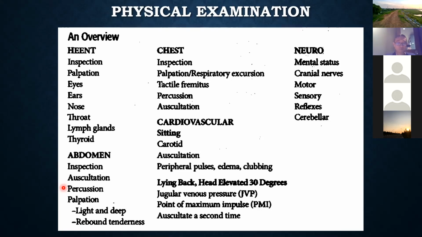And the reason why we have to do the auscultation first is because we can hear some murmur, some bruit, and we may think that the patient has an AAA. So if we percuss the patient, we give them the risk of rupture, and the patient may die because of rupture, bleeding, and hypovolemic shock, right? So be careful with the order when you guys do the abdomen and the chest exam.